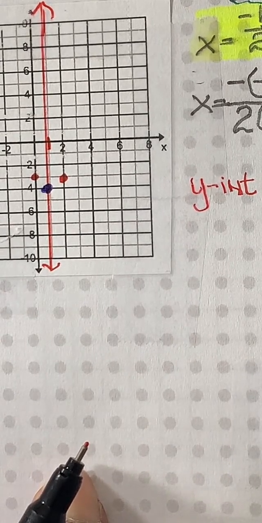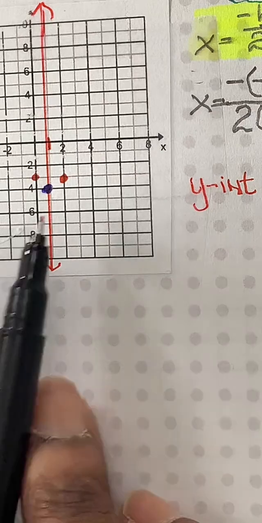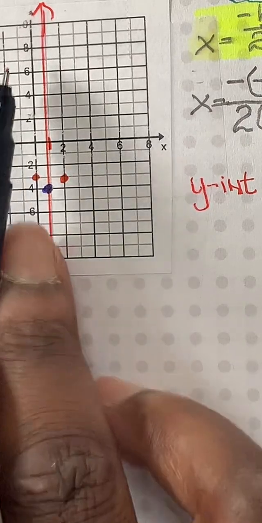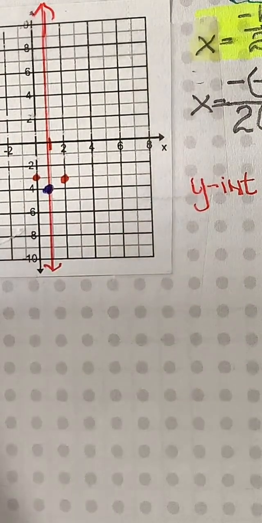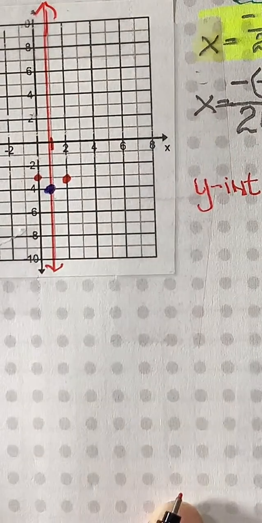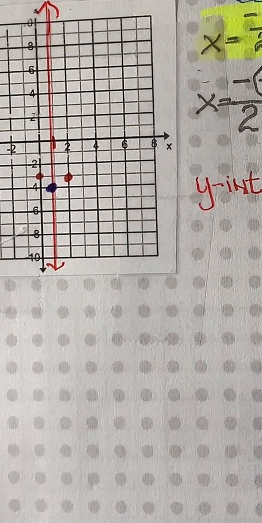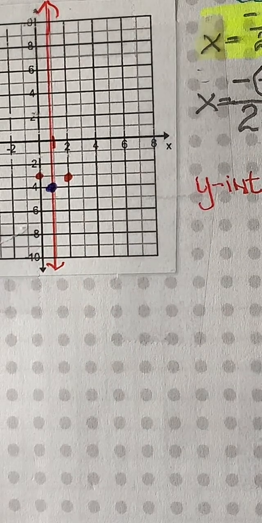All right. So you got that reflective point. Now from here, you could technically draw your graph. A lot of people are like, well, I need 2 more points. If your teacher says you need to have 5 points, some people like to do it.